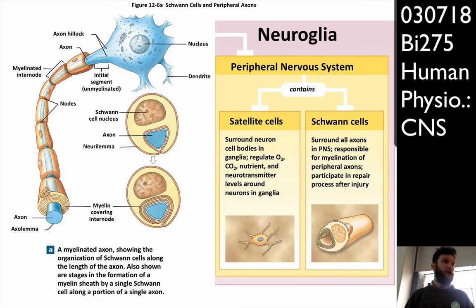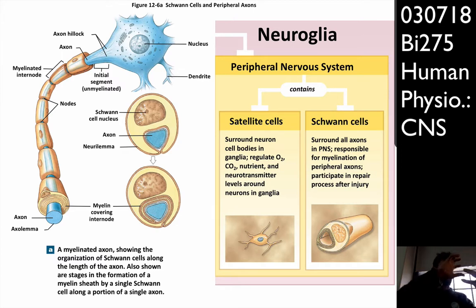All right, so neuroglia also exist in the peripheral nervous system. There's not as many categories. There are these satellite cells, and the satellite cells are mostly found in what are called ganglia.